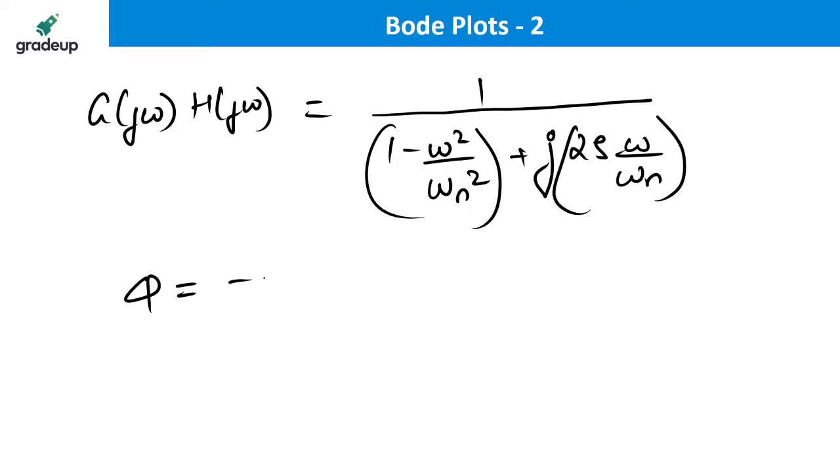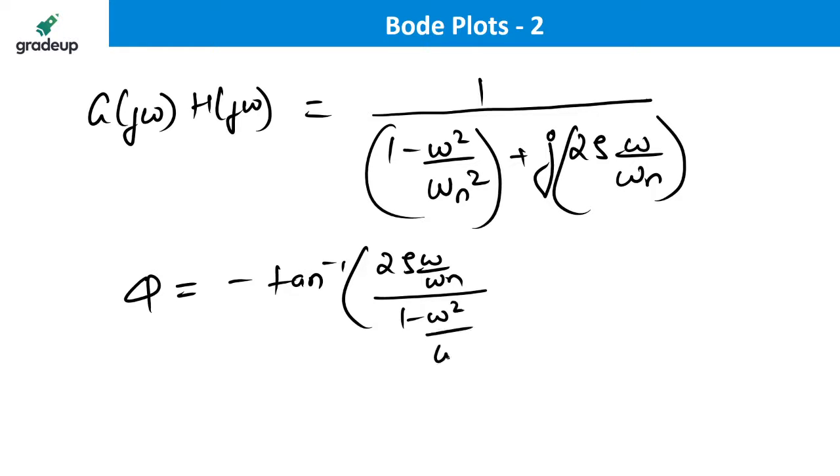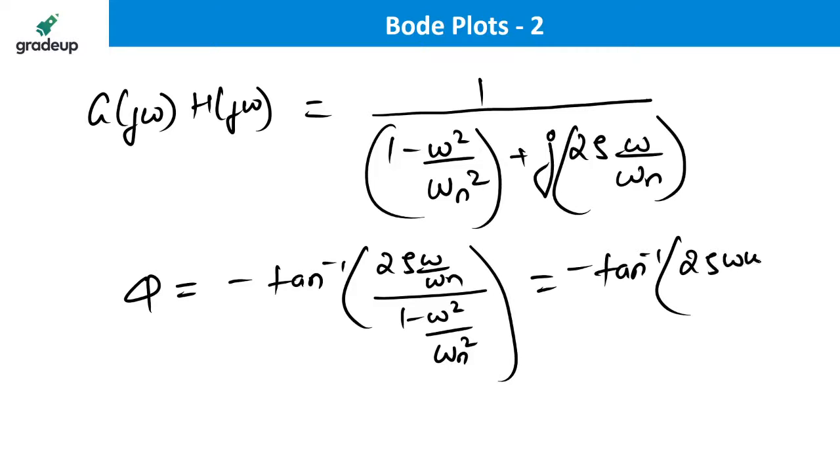Phase is simply minus tan inverse of y by x, 2 zeta omega by omega n divided by 1 minus omega square by omega n square, or I can multiply here by omega n square. It is minus tan inverse of 2 zeta omega omega n upon omega n square minus omega square.